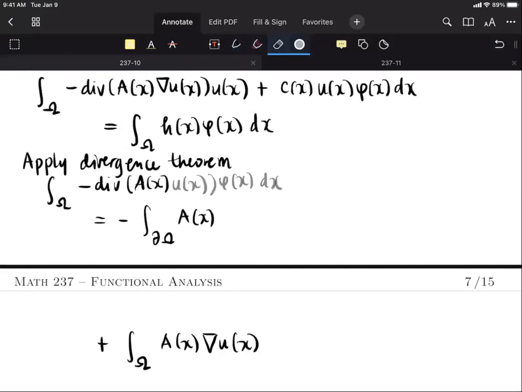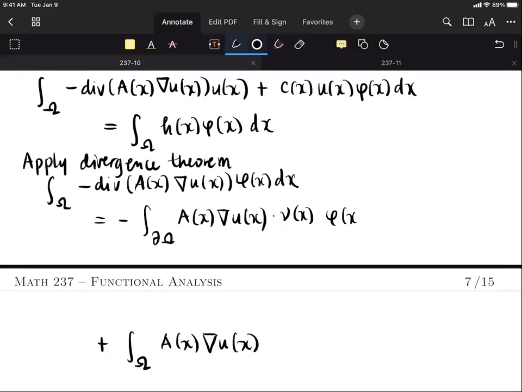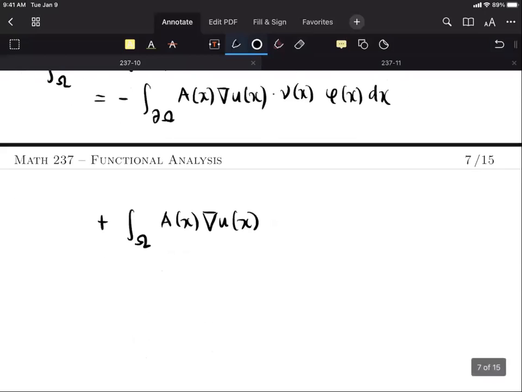And there's also a missing gradient here. ν of x φ of x dx. Okay. Then this is the gradient φ of x dx.